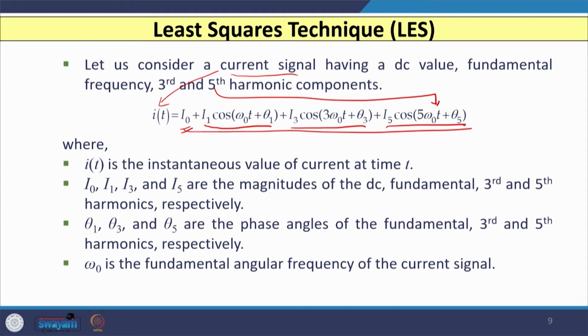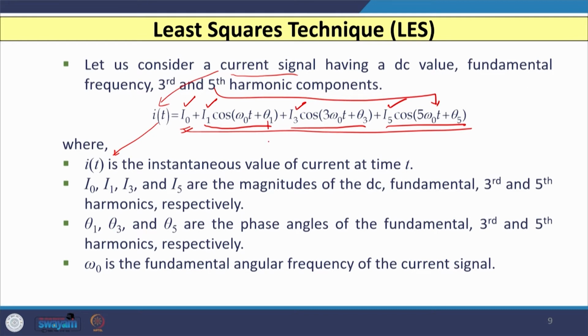So, here you can see that this i(t) is nothing but the instantaneous value of current which changes with reference to time. The I 0, I 1, I 3 and I 5 are the magnitudes of DC component, fundamental, third and fifth harmonics respectively.